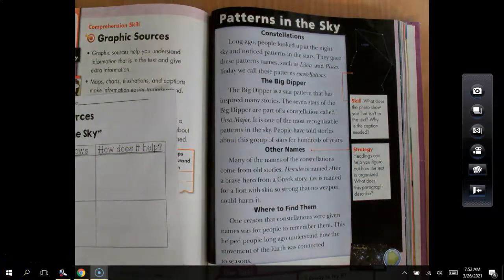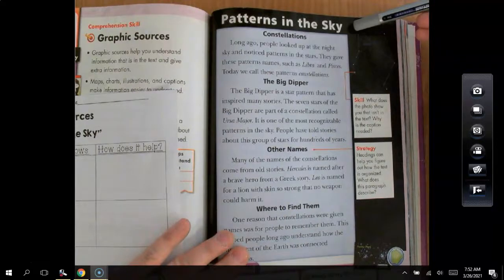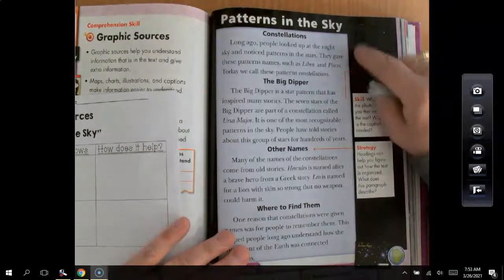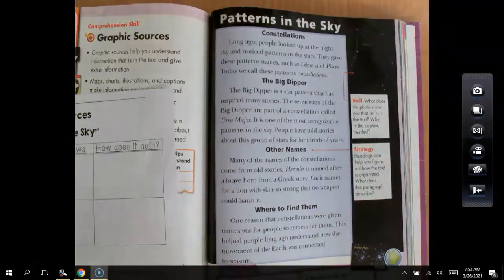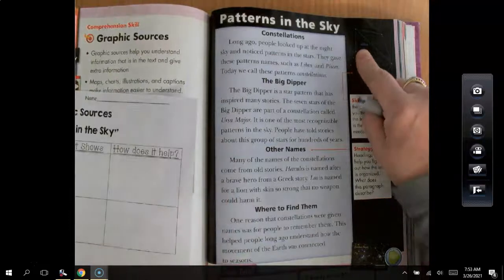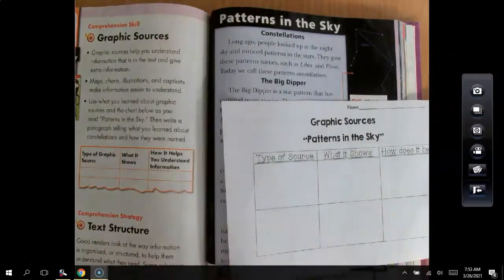Well, I can tell you, boys and girls, that this is a photograph. That is actually a photograph of the constellation Libra. So we are going to write the type of source would be a photograph.